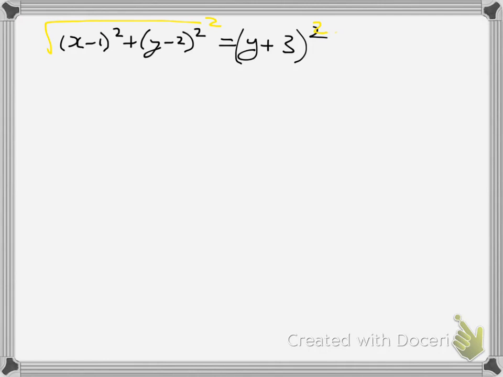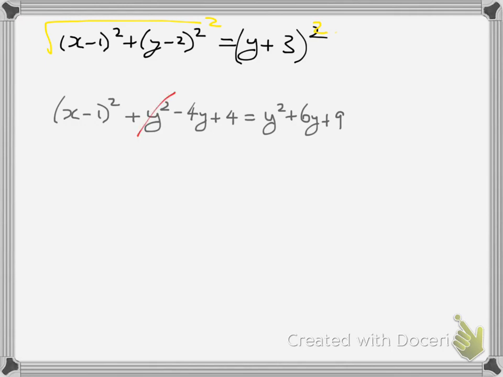Let's expand both sides. On the left, I get (x minus 1) all squared plus, and I'm doing that because I know the answer, but you'll see why in a second, I hope. And it's actually something we talked about today in class, because what you're about to notice as I do the expansion is that now there is a plus y squared on both sides, so they go away.